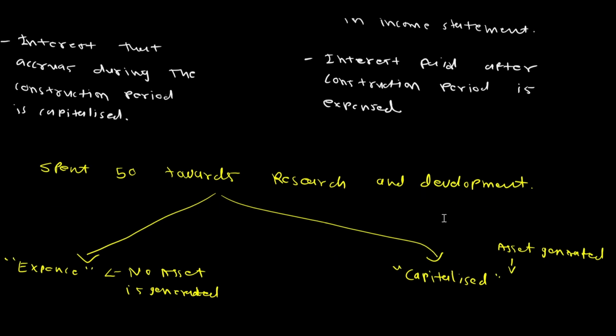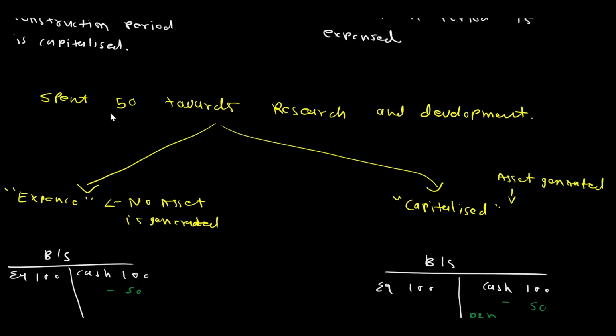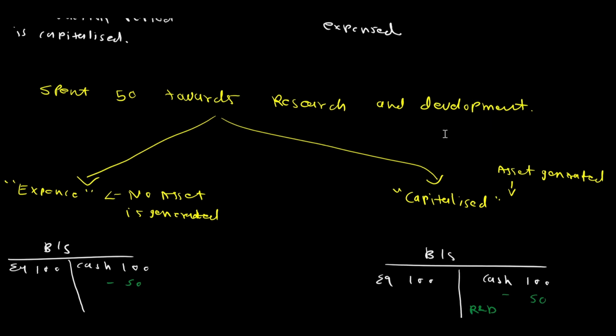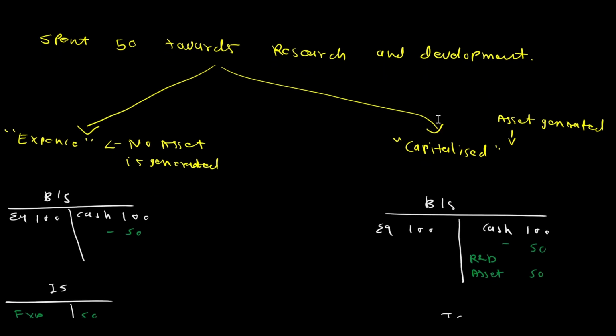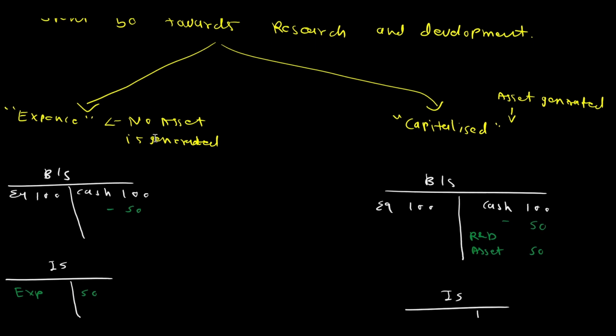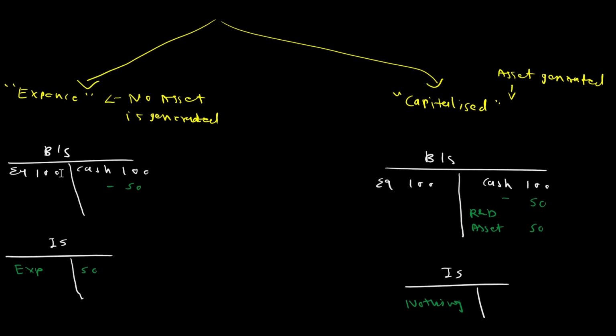For example, I spent 50 towards research and development. If I want to expense it, I just directly show it as an expense in the income statement, and my cash will reduce.